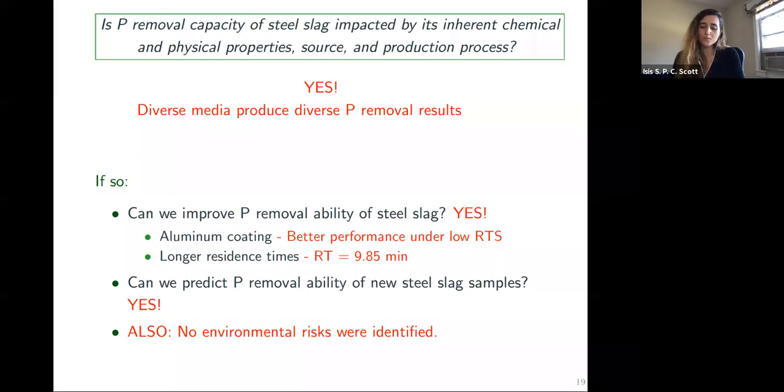You can put in all your input parameters to understand how long those structures would last, given your footprint, your expected flow rate, and the concentrations of phosphorus you're expecting in that structure. That's what I meant when I said these structures are extremely flexible. We can build them according to the necessity of the farmer or the environmentalist.